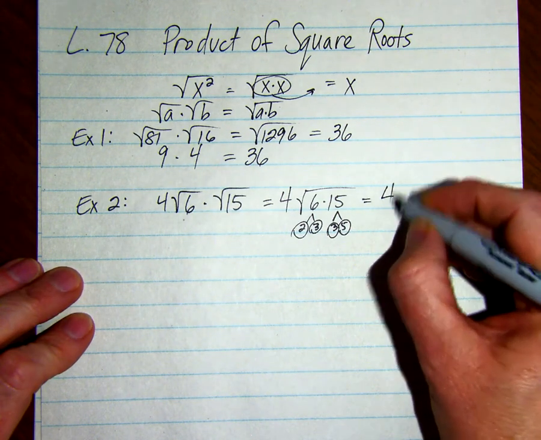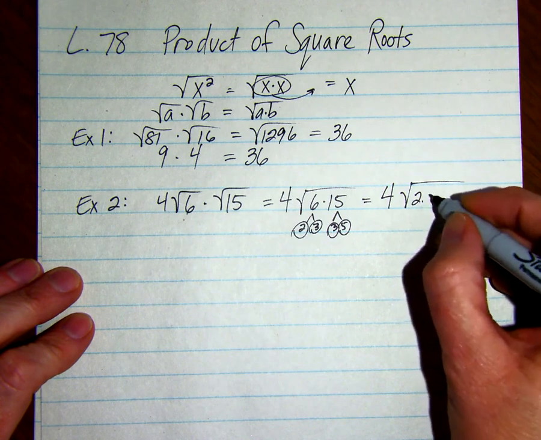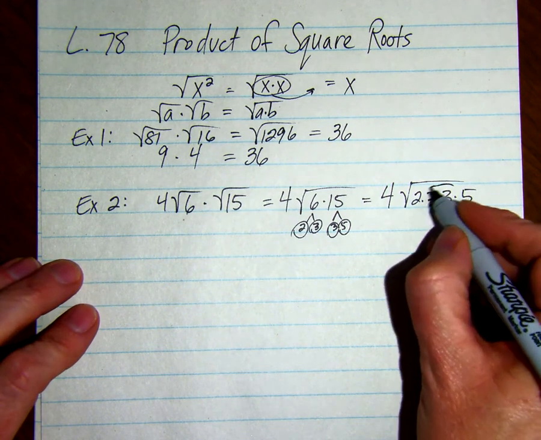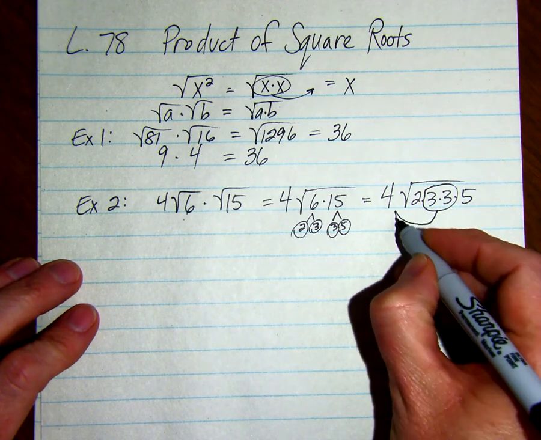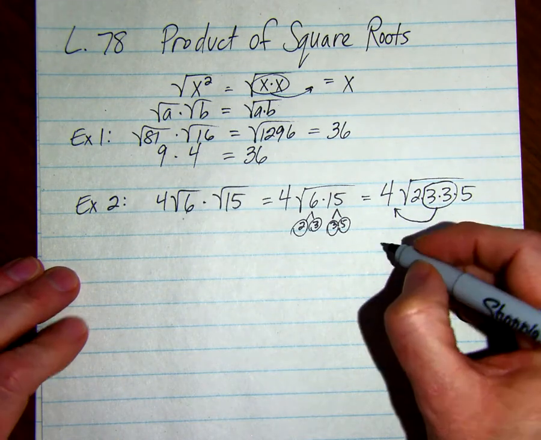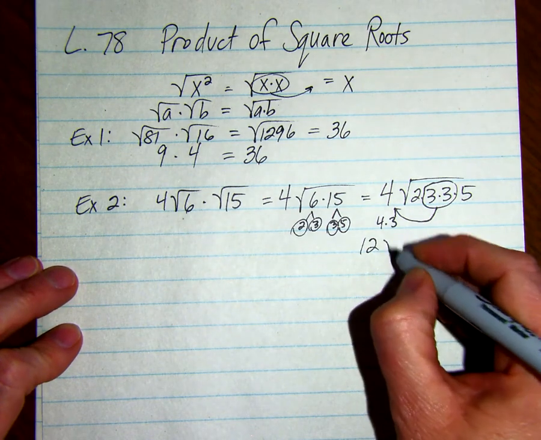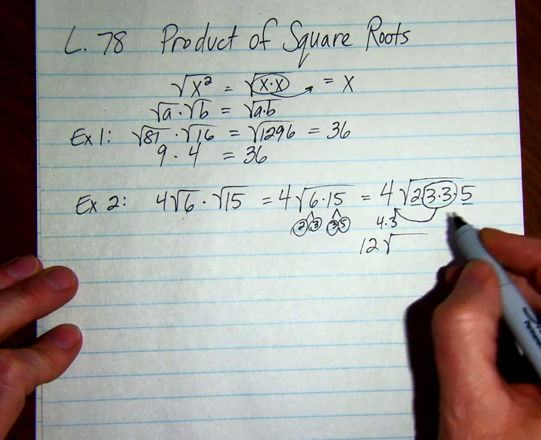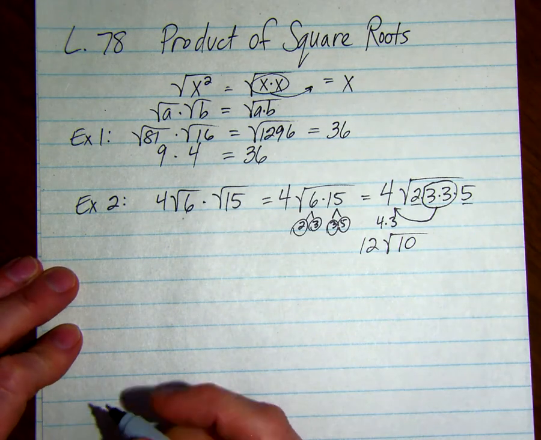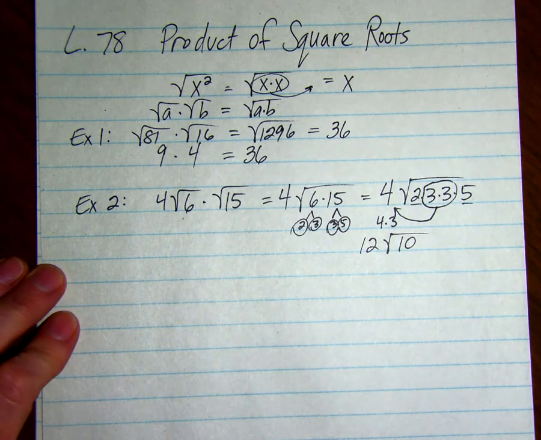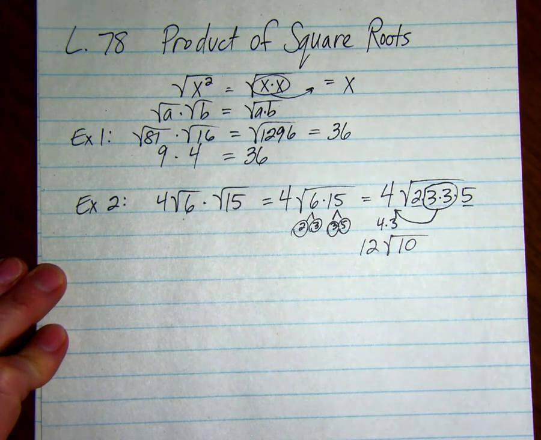So I'm going to list out 2 times 3 times 3 times 5. I've got a pair right here, so a 3 can come out. So we have 4 times 3 on the outside, so we have 12 square roots of, and inside 2 and 5 multiplied is 10. So 4 square roots of 6 times the square root of 15 is equal to 12 square roots of 10.